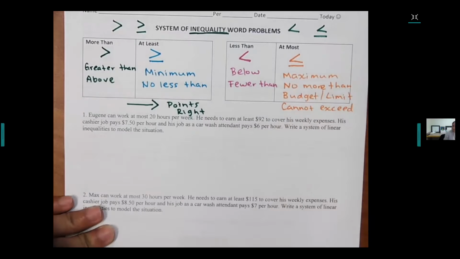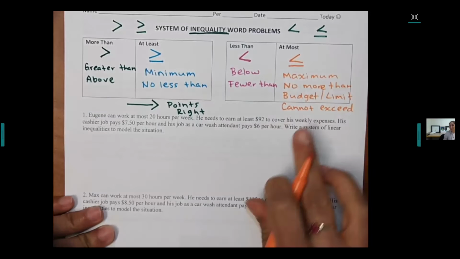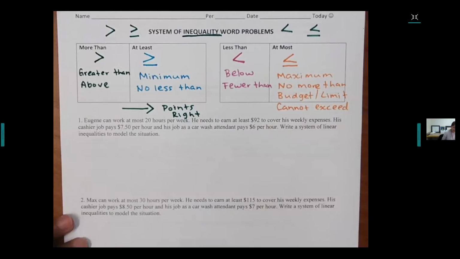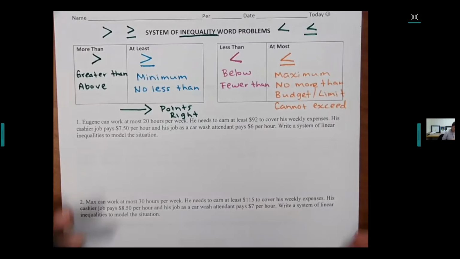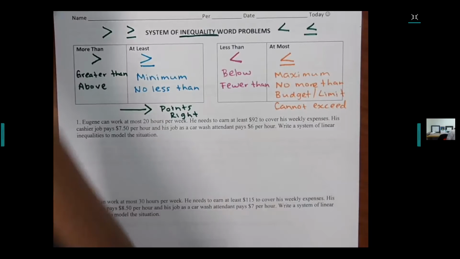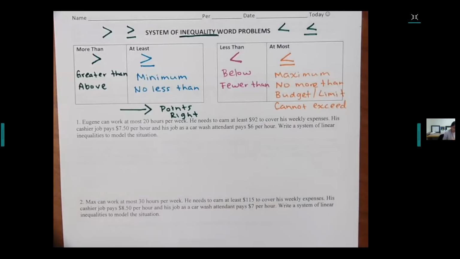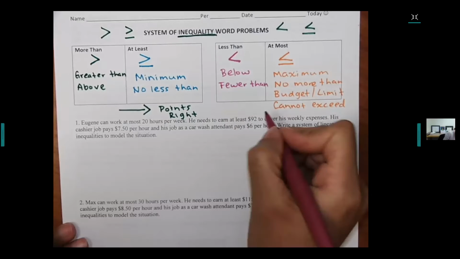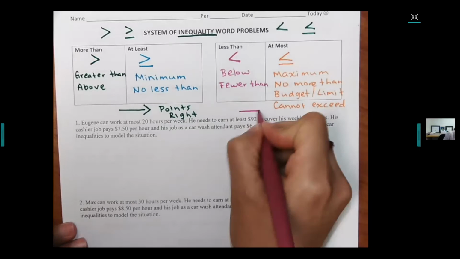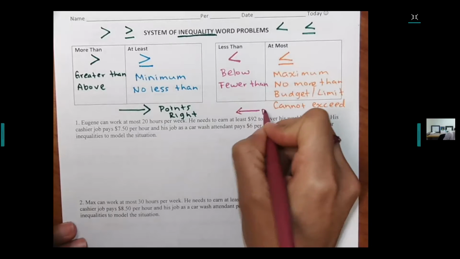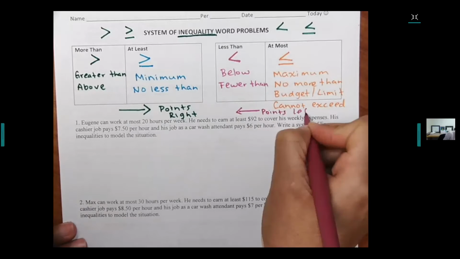And I don't think I spelled that right. Does it have a C? I don't know. You get the point. Cannot exceed. And then make this last note that when you have less than, if you think of it as an arrow, it points to the left. Points to the left.